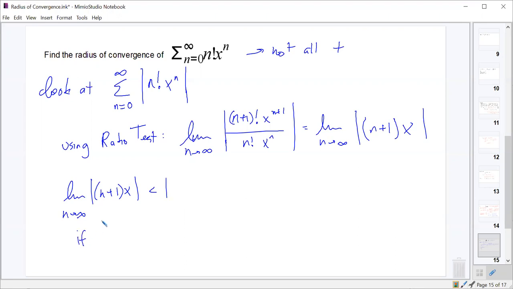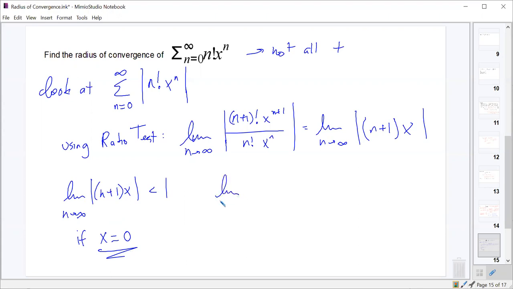If and only if, exactly, Adrian, if and only if x equals 0. Because if x is 0, I have 0 times n plus 1, which I can evaluate as 0 before I look at what happens as n approaches infinity. And I have then the limit as n approaches infinity of 0, which is 0. So this is the only case in which this limit is less than 1.